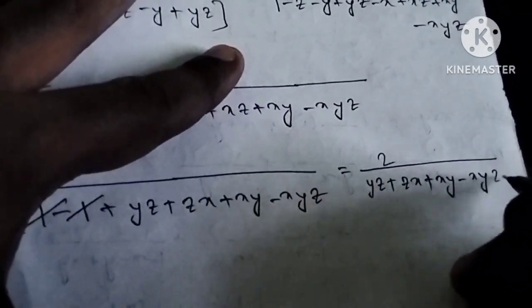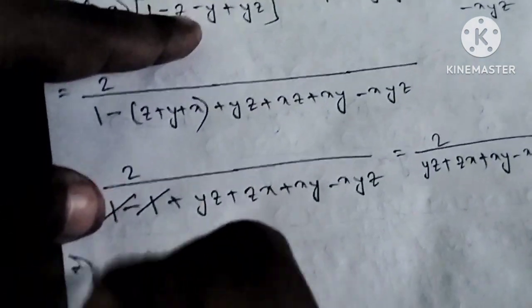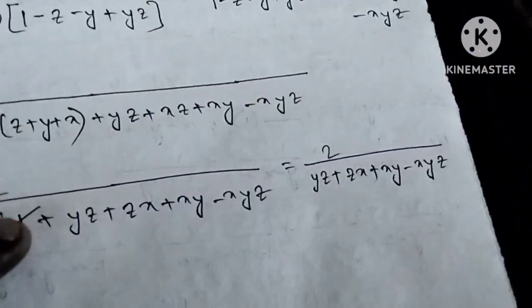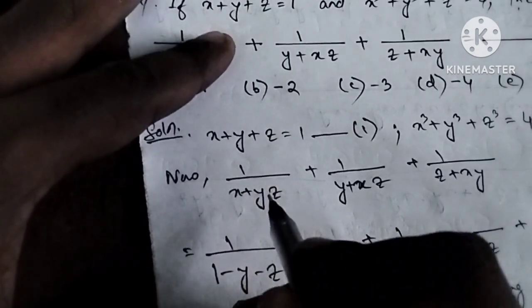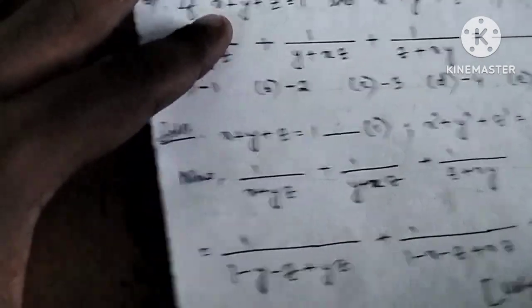minus xyz. So finally we were trying to find the value of 1 by x plus yz plus 1 by y plus xz plus 1 by z plus xy.